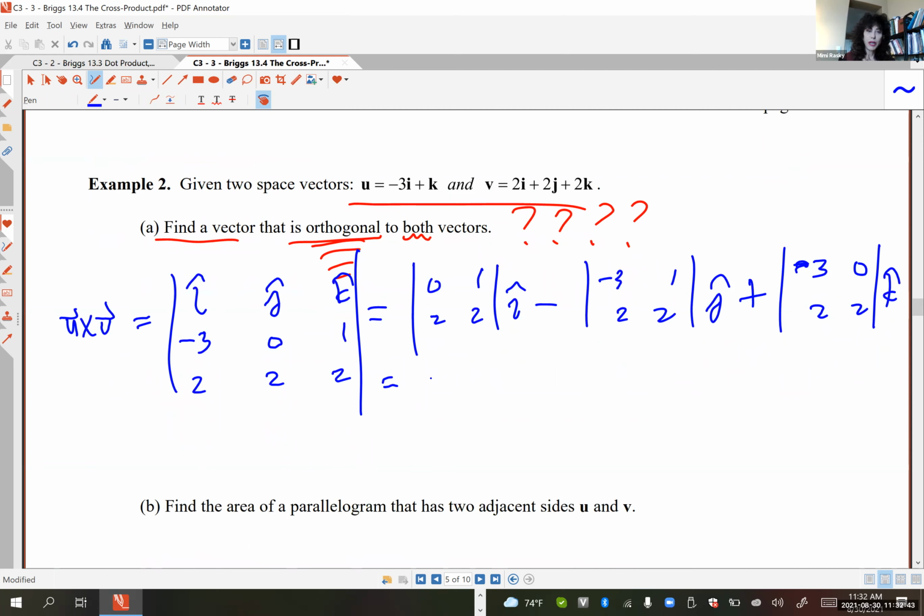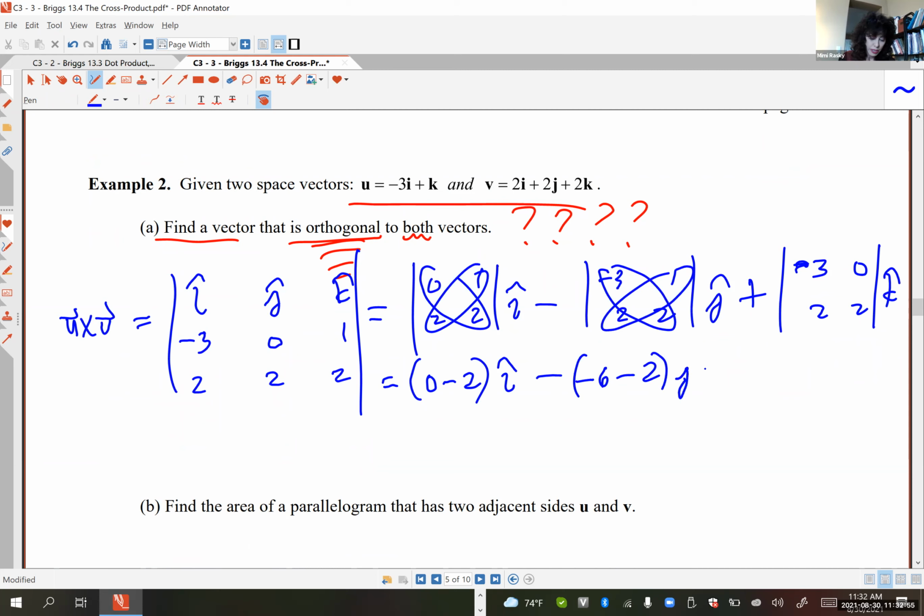Then I do these 2 by 2 determinants. 0 times 2 is 0, minus 2 times 1 is -2 i hat, minus -3 times 2 is -6, minus 2 times 1, so -6 minus 2, j hat, plus -3 times 2 is -6, minus 0 times anything is 0.